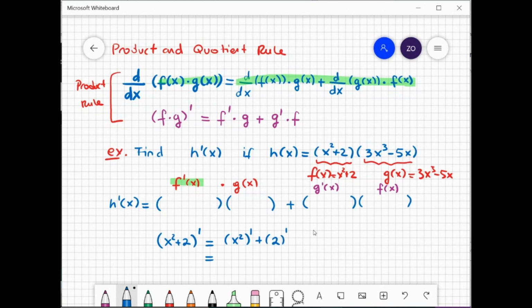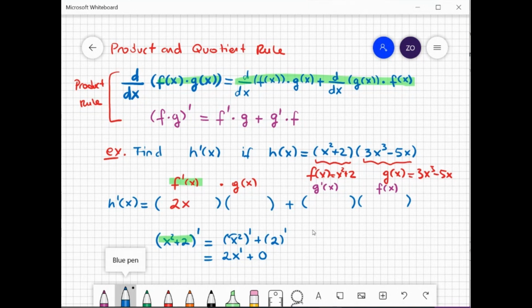So what is the derivative of x squared? Take the exponent to the front and decrease the exponent by 1. Plus, this is a constant function, its derivative is 0. It's going to be 2x, right? So here we will have only 2x. The derivative of x squared plus 2 will be 2x.